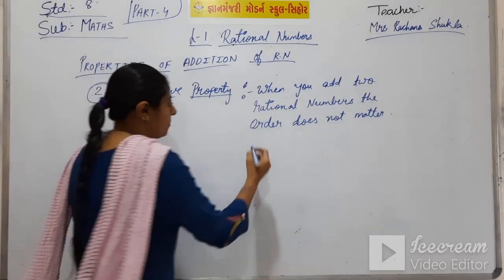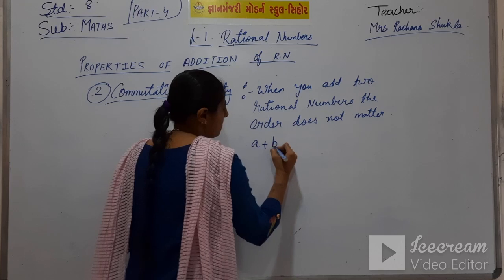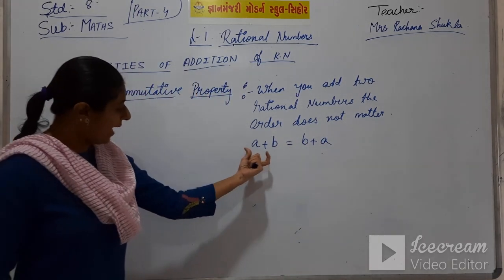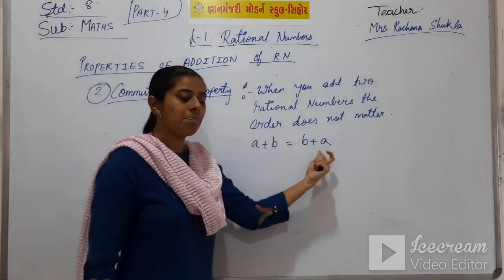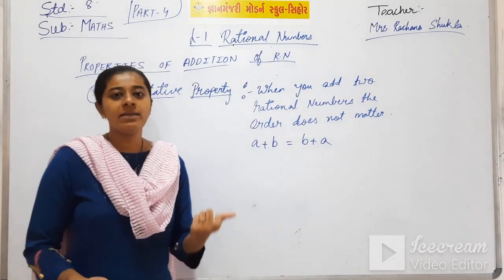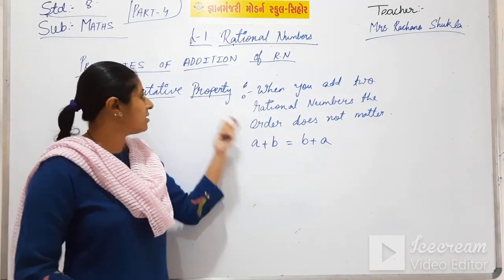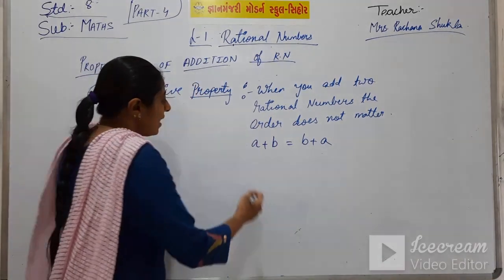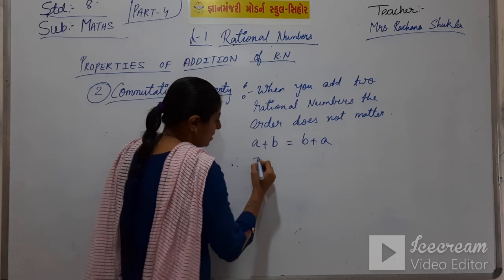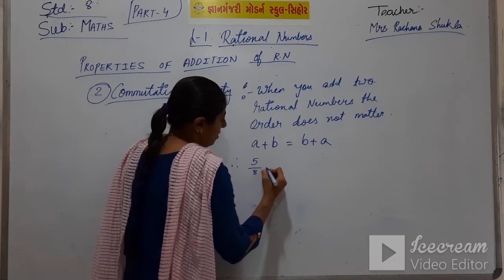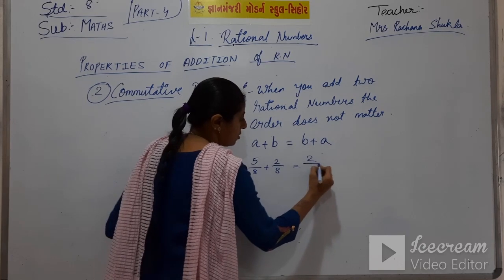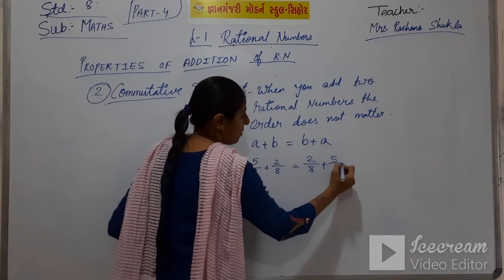I will show you a plus b equal to b plus a, this way. If you add a plus b or b plus a, you will get the same result. That is the commutative property of rational numbers. Example, 5 upon 8 plus 2 upon 8 equal to 2 upon 8 plus 5 upon 8.